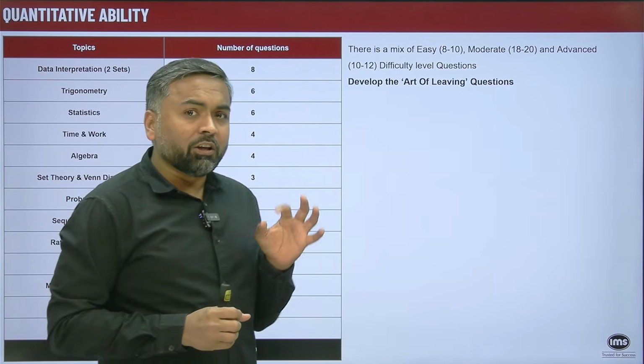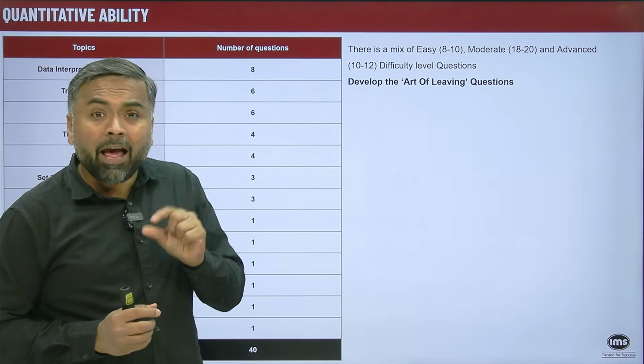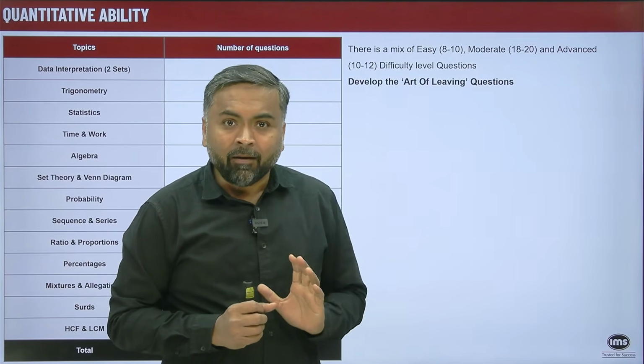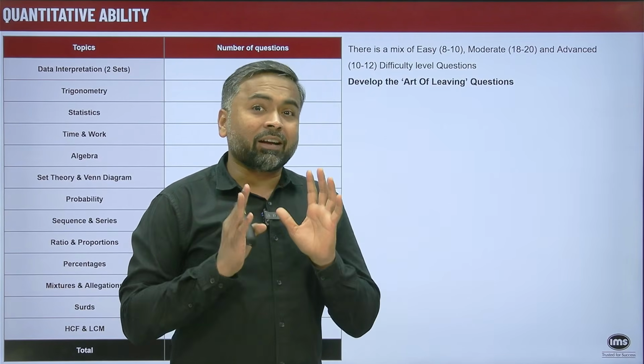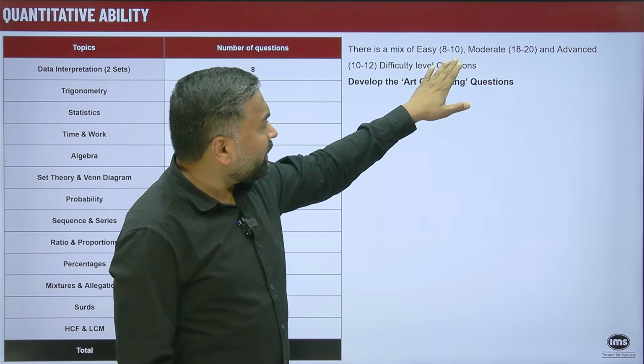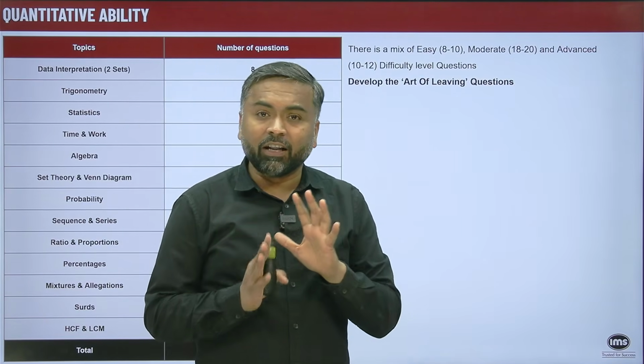Now, this section generally helps students get into the top 300 rank, top 100 rank, because the other two sections are relatively very easy. It will have a mix of 8 to 10 easy, around 18 to 20 moderate, and around 10 to 12 advanced difficult level questions.